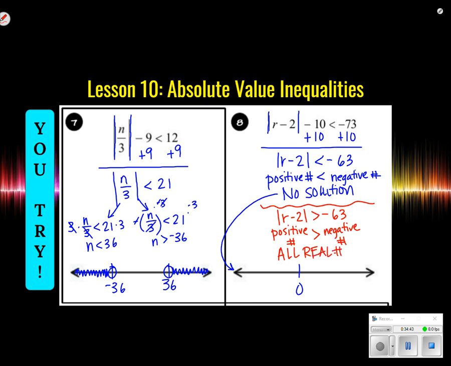That means the same thing, and these are my favorite because I love shading. With all real numbers, shade the whole number line from end to end, okay? So that means all the numbers are answers. That's going to be difficult to check because all the numbers are answers.